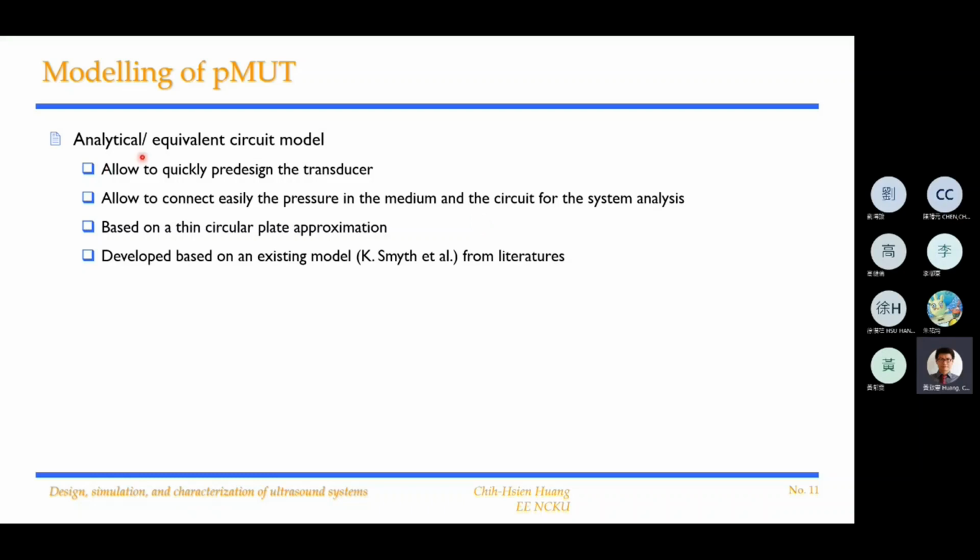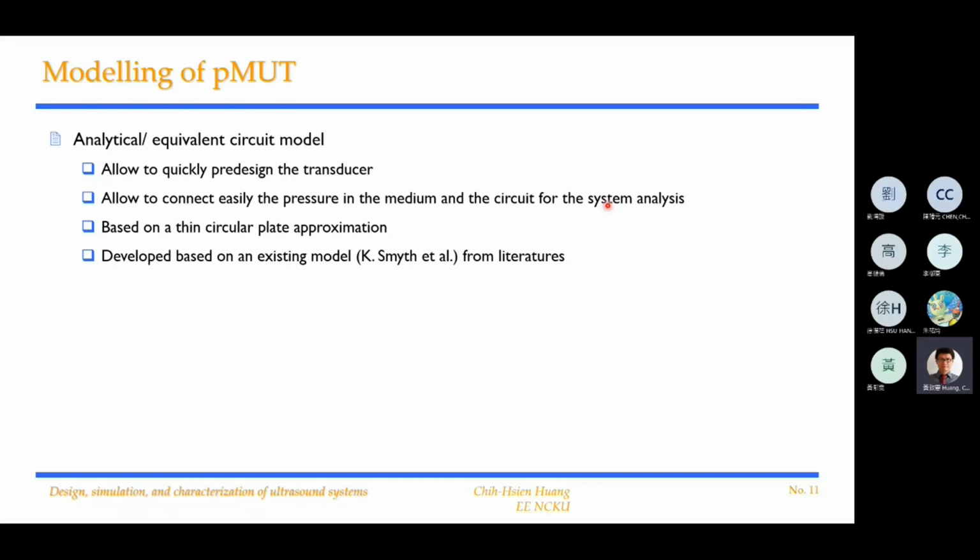Using an analytical model, we can just easily convert between the different domains using transformers. The transformer will act like the electronic transformers inside our circuit. It's just the transformer we put here, and it will act as the connection between electrical and mechanical, and also mechanical and acoustic. So it's much easier to do the simulation with an analytical model when we face different domain simulations.